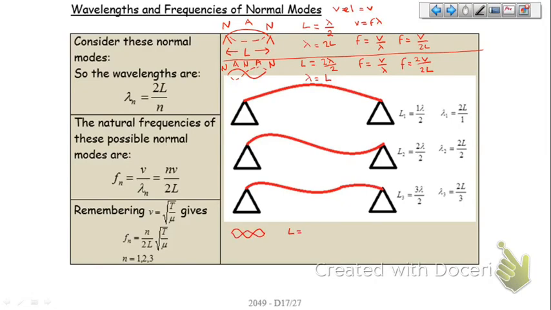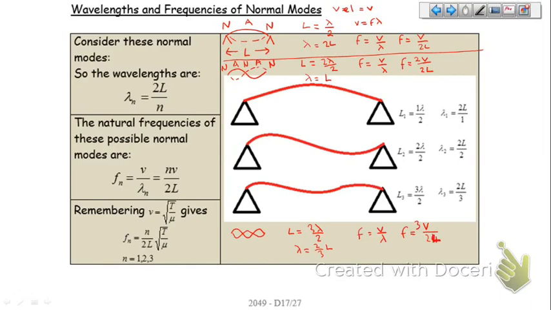L is equal to 3 lambda over 2. So lambda is equal to 2L over 3. F is equal to v over lambda. So f is equal to 3v over 2L.